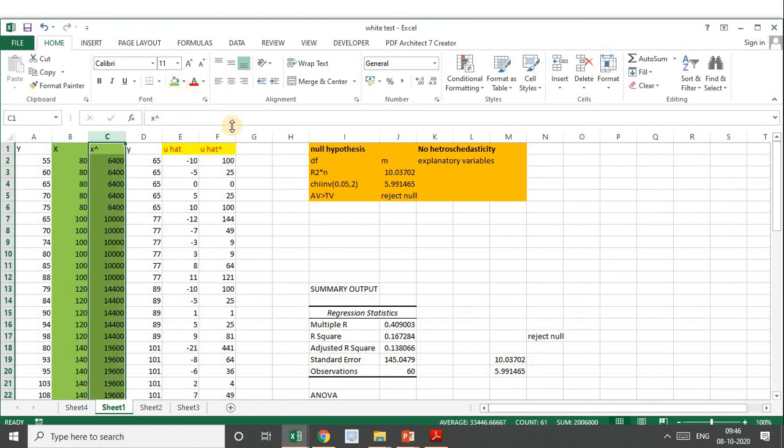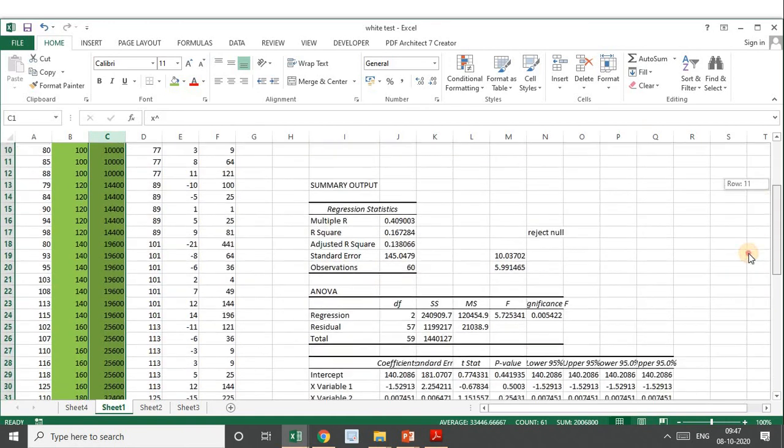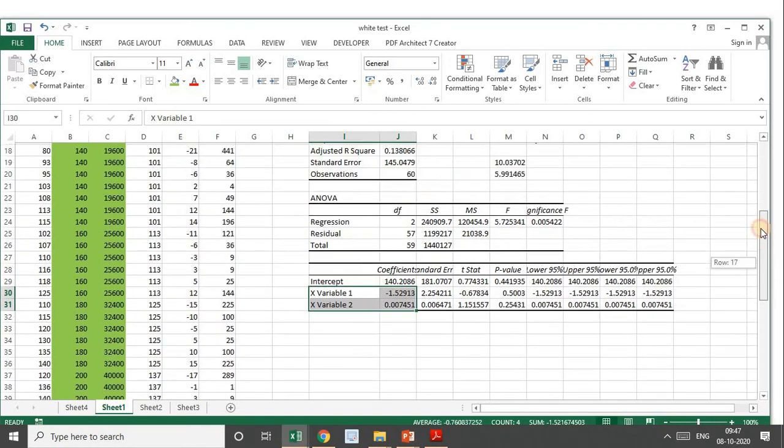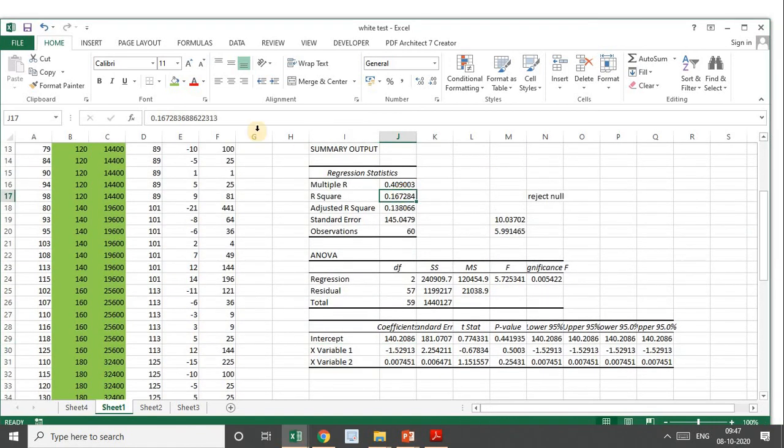Okay, then what we have to do, we have to take the u cap square. Then take u cap square as the dependent variable and x square as independent variable, then do a regression. Okay, I have done a regression and I have got these two values, and from this I have got this r square.